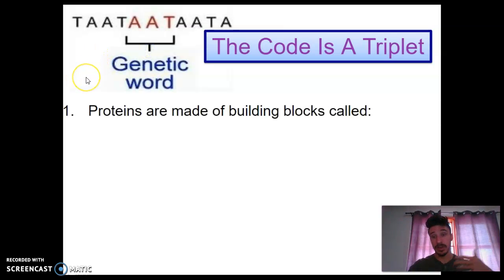So we know that proteins are made of building blocks, right? Back from Unit 2, we know the monomers of proteins are amino acids. So that means that probably the genetic code, these series of 3 nucleotides in a gene, have to code for amino acids, right? Because then those amino acids can build proteins.